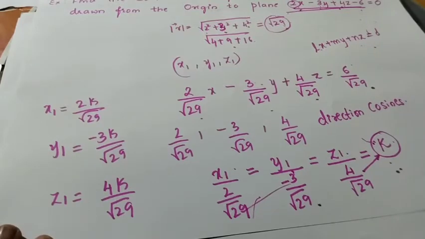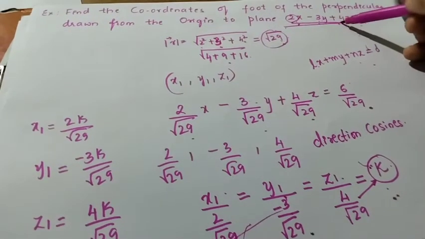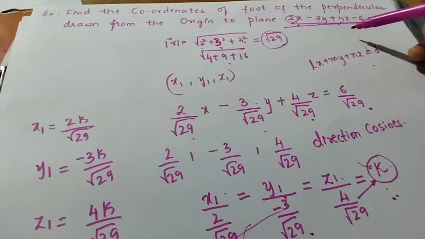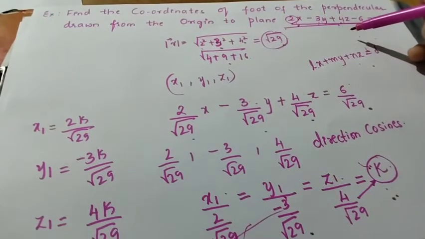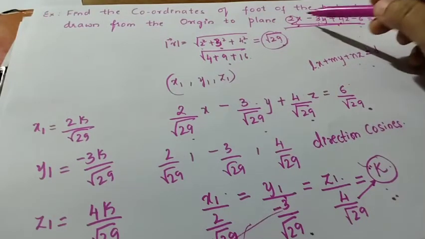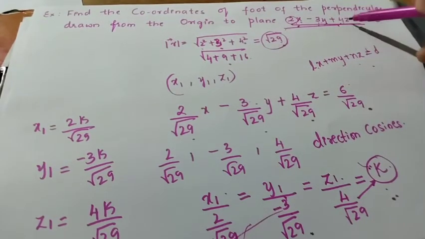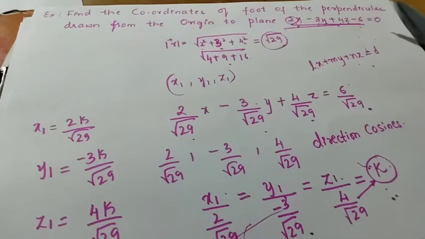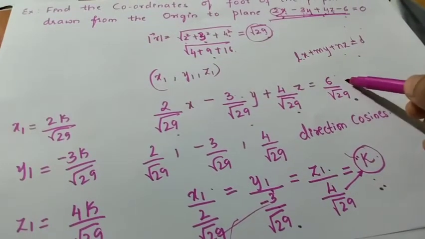Now I substitute this into the equation to get the value of k. In order to get the value of k, I substitute the points in this equation, or you can substitute in this equation also.